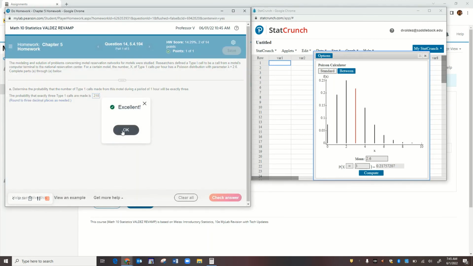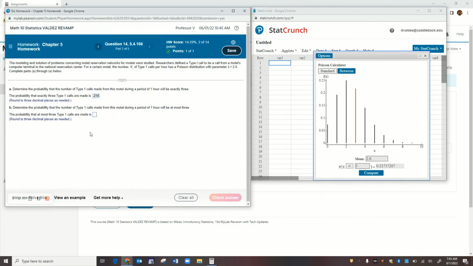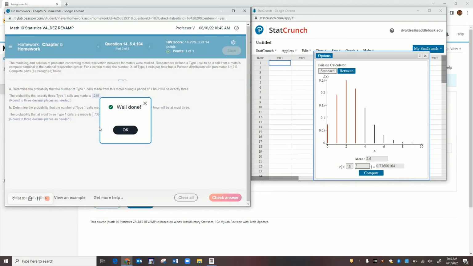Determine the probability that the number of type 1 calls made from this motel during a period of 1 hour will be at most 3. So at most 3 means 3 or less, so less than or equal to 3. So this is going to be 0.736. We're only rounding to 3 decimal places.